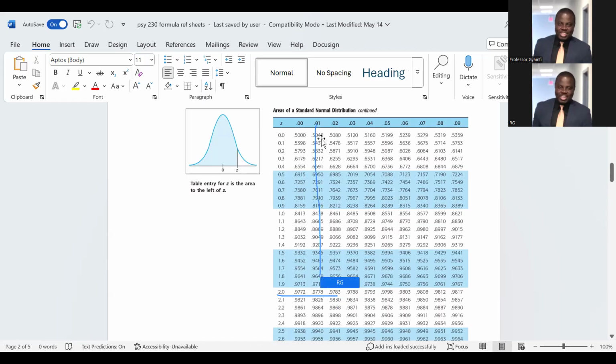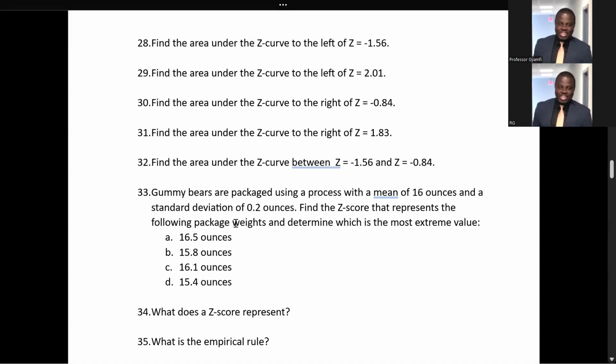And that brings me to 0.9778. And that's it for that one. So let's go to the area to the right, because that is when it gets more complicated.